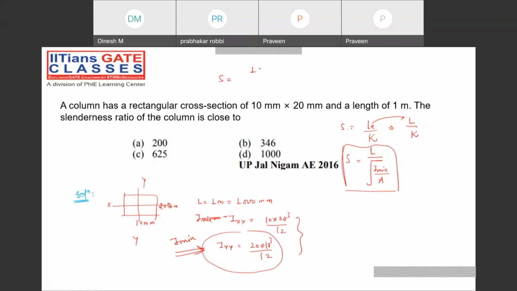So L is 1000. Moment of inertia is 20 into 10 cube by 12, by area, 10 into 20. That is 25 by 3. Just take the square root and divide into 1000. 346 will be the answer.